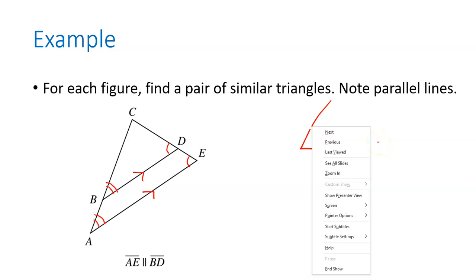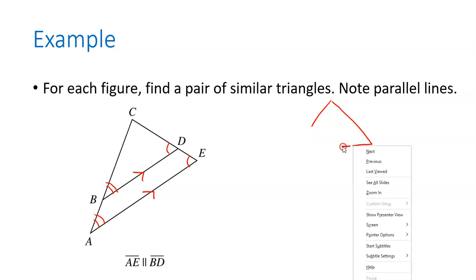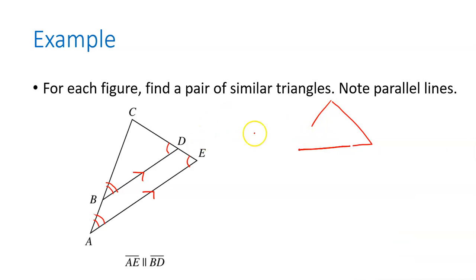Okay, so I've got one triangle over here. And I keep hitting the thing that's trying to advance my PowerPoint. And then a second triangle, this is the bigger one, I'll put down here. So I've got C, B, D, right?